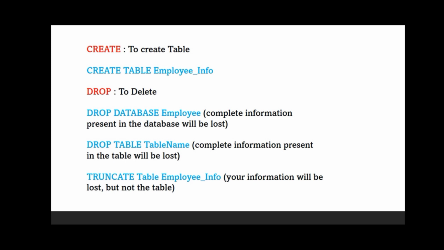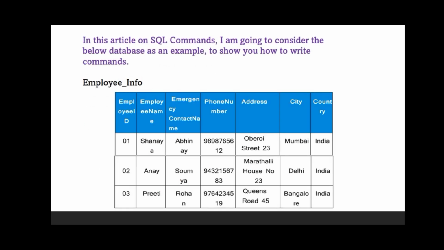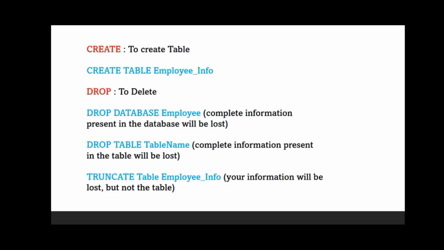Next, drop. Drop means delete the database. Just write drop database, then table name employee. If the table name is employee, we can write employee or employee info. Then drop table, table name. Then the complete information present in the table will be lost.